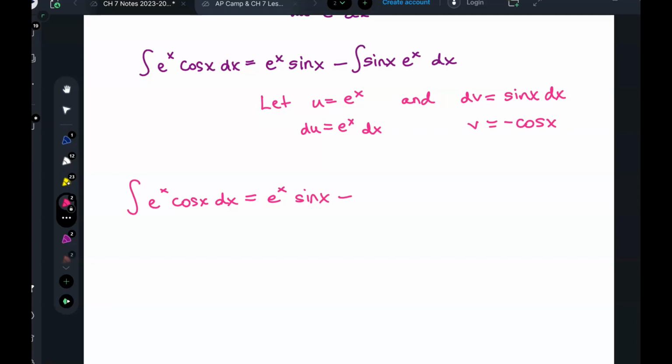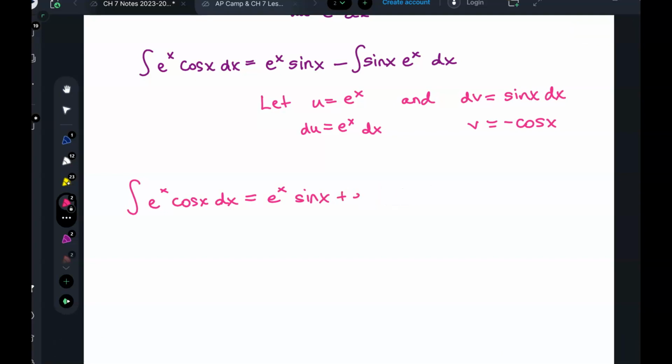So that'll be minus and negative, so we can change it to plus e to the x cosine x. Isn't it minus the whole thing? It's order of operations.